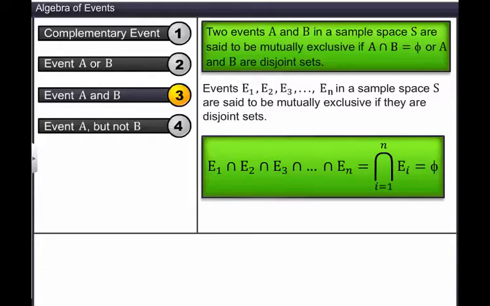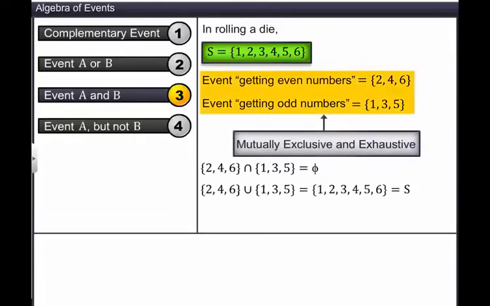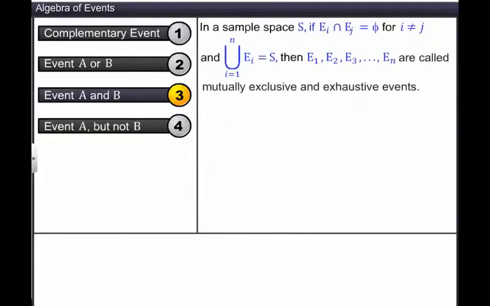Such events are called mutually exclusive and exhaustive. In a sample space S, if any pair of two events Ei and Ej are disjoint, and the union of all the events is equal to S, then all the events are called mutually exclusive and exhaustive.